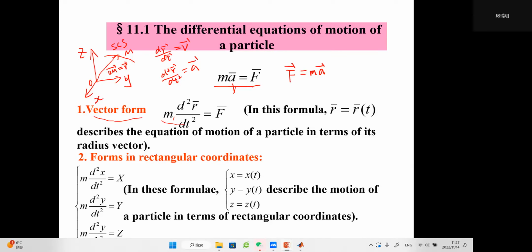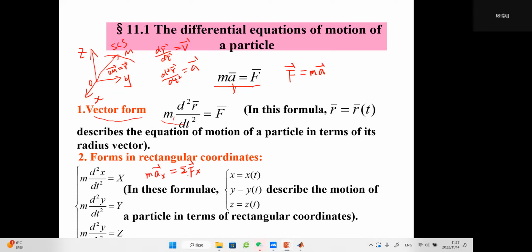And since this is a vector equation, we can project it onto 3 axes. So we have m d squared x dt squared equals sigma Fx. That means m a x equals sigma Fx. Do you guys still remember?